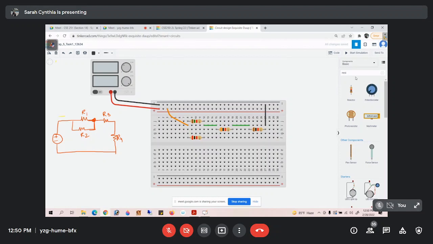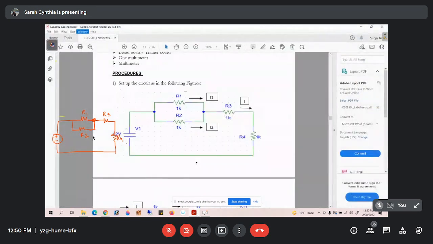If you start the simulation, you won't be able to detect any change because there is nothing you can calculate or measure from this particular circuit. However, we have certain parameters to solve from this circuit. So please let us refer to this lab sheet.